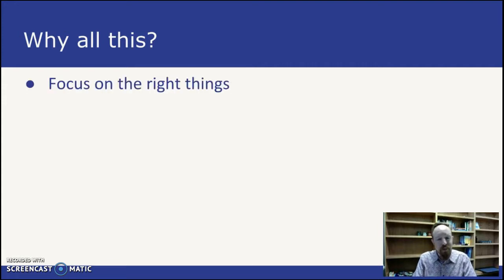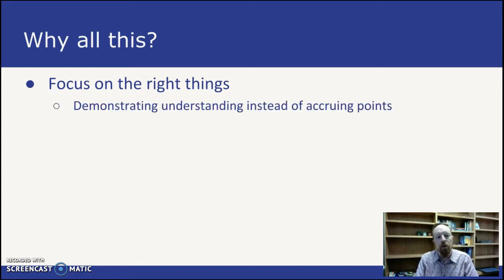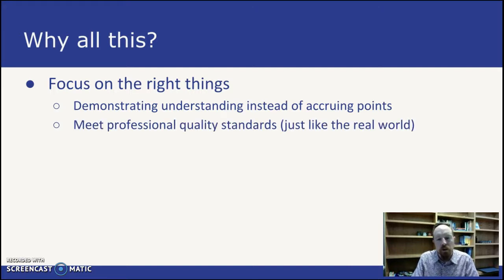First of all, it helps you to focus on the right things. So instead of thinking about how many points am I going to get for this assignment that I did, it helps you to really demonstrate your own understanding of the mathematics that the assignment is about. It also helps you learn to meet professional quality standards, which I like better than this sort of points idea because it's much more like the real world.